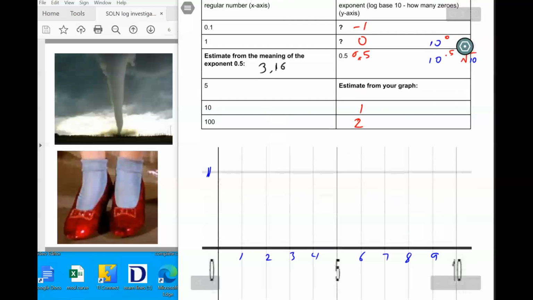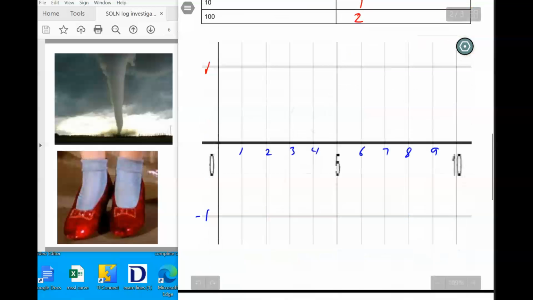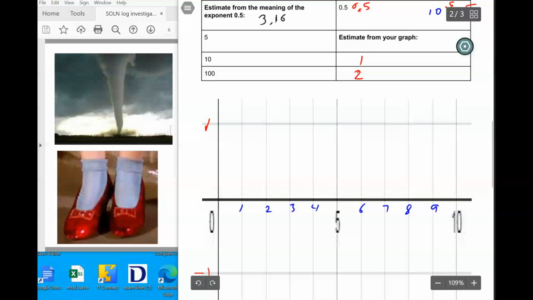For example, 0.1 is the x-axis, negative 1 is the y-axis, because this is our red 1 and this is our red negative 1.